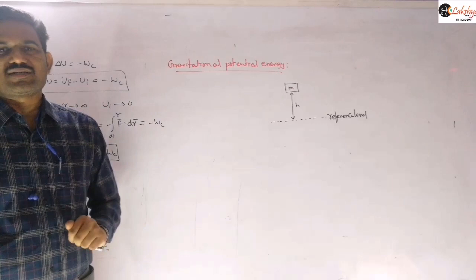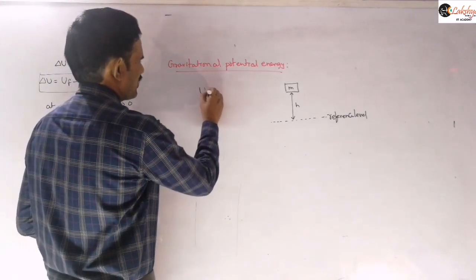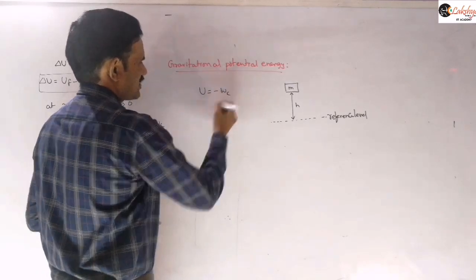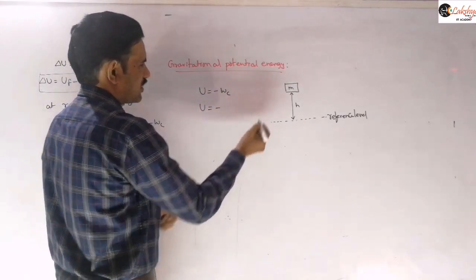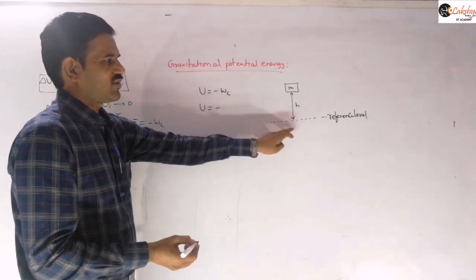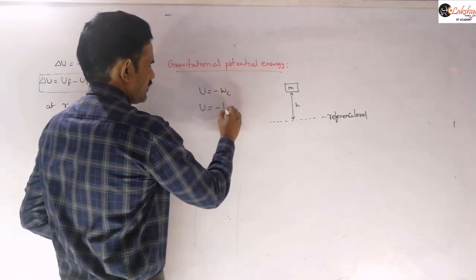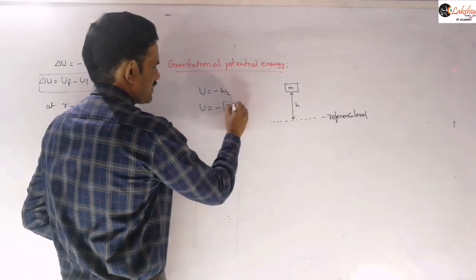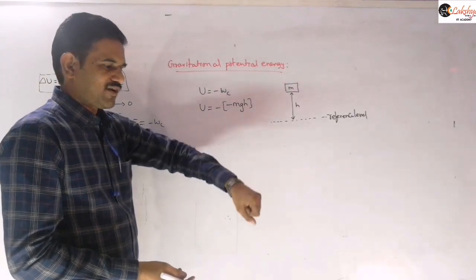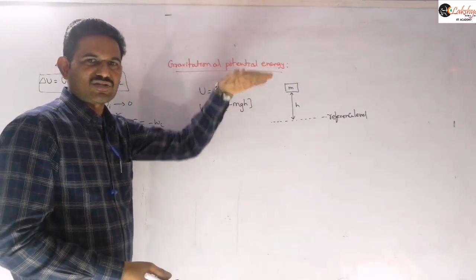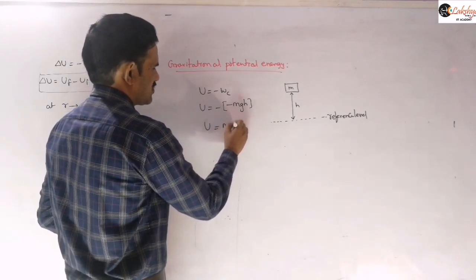For example, if you are raising the object by a distance of h, then our potential energy is the negative of work done by this conservative force. The work done by gravity in lifting the object from the reference level to this position is minus mgh, right? So the potential energy you can write as mgh.